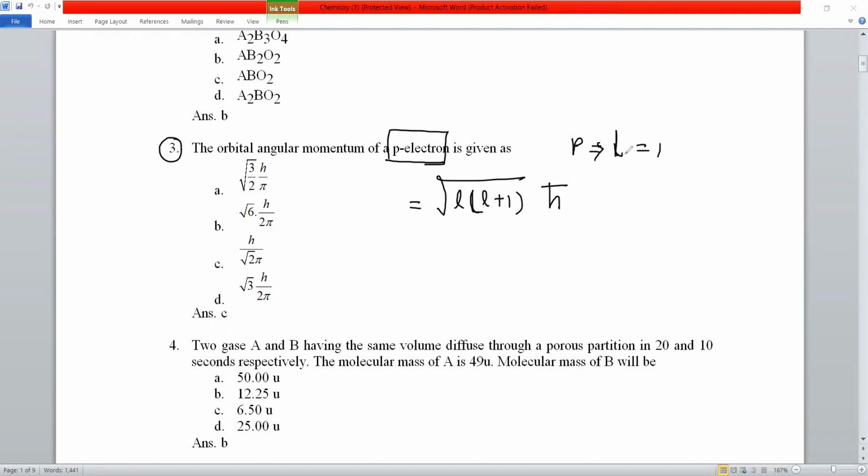So substitute here: root of 1 times 1 plus 1, times h cross. So we get root 2 h cross. Since h cross equals h by 2 pi, on substitution we get option C. So root 2 h by 2 pi, option C is correct, friends.